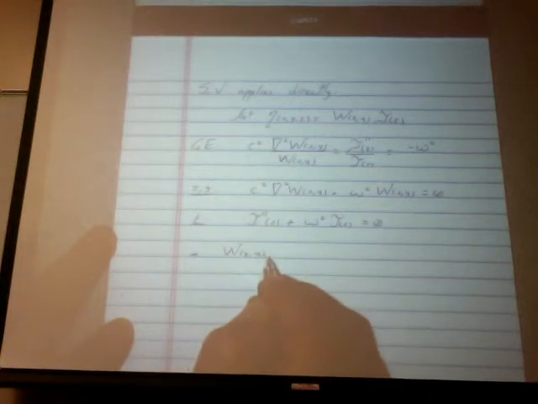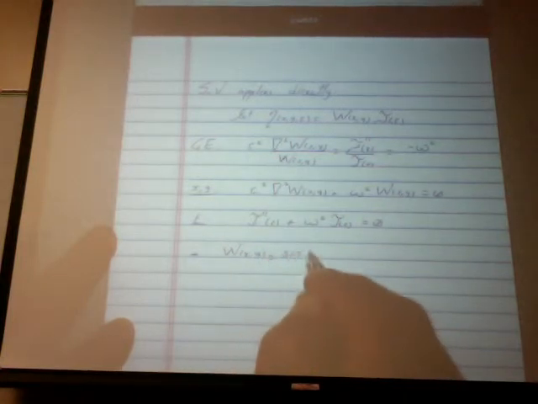So we go through the same process that we've been going over and over and over, and that would lead to w of x and y equal to the sine of beta n x times the sine of lambda m y.